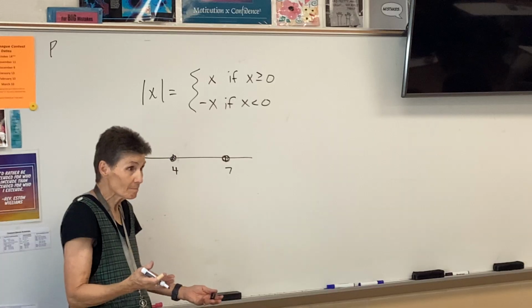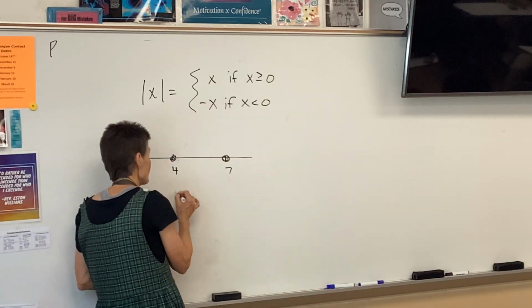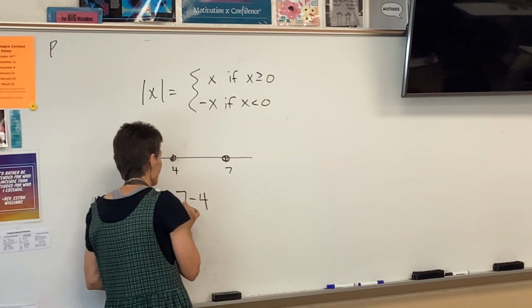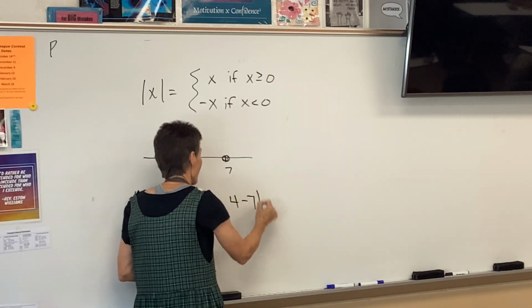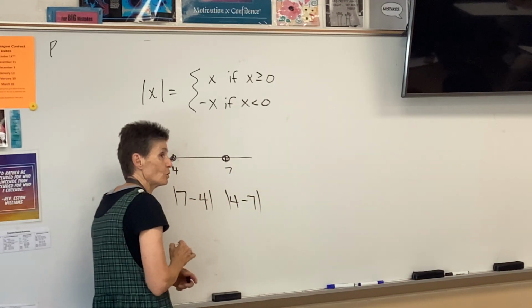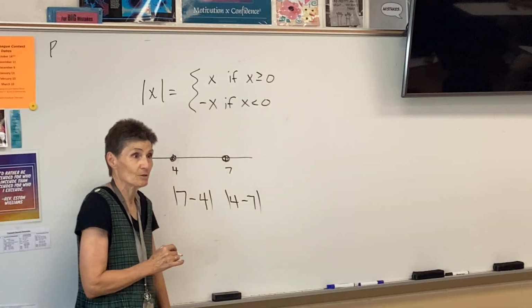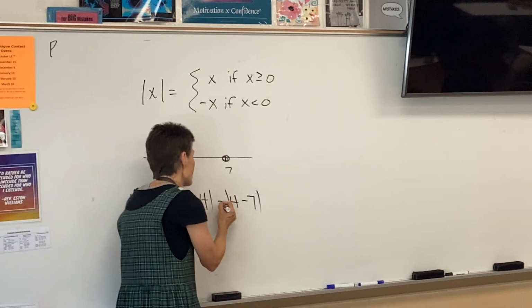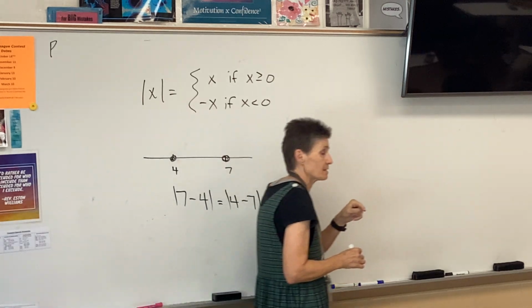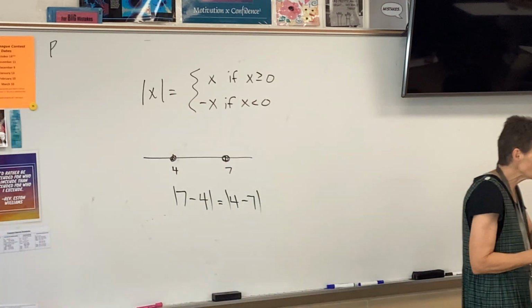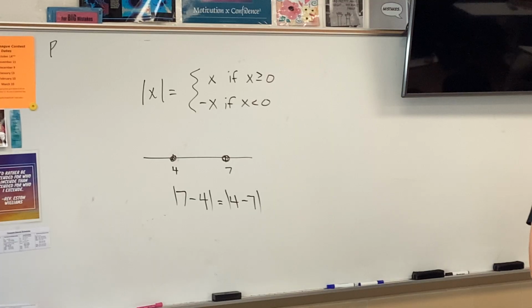You subtracted. And if you subtract 7 minus 4, you're good. You could also subtract 4 minus 7 as long as you took the absolute value. So on the number line, distance is the absolute value of the difference.